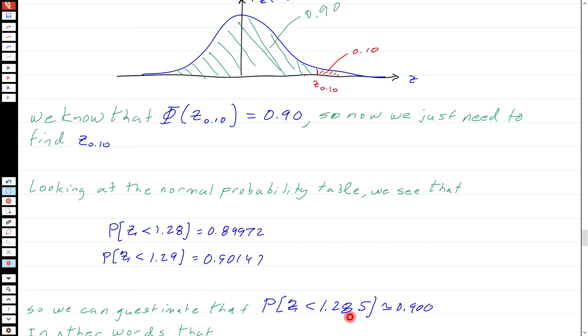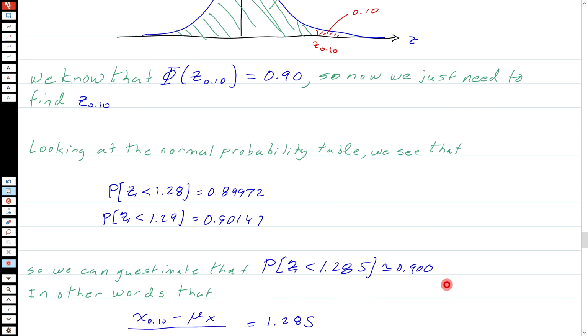By the way, don't bother with detailed linear interpolations. Again, we usually don't know our parameters closely enough to warrant that, so I usually just guesstimate the numbers in between. So I'm guesstimating that Z less than 1.285, less than or equal to, doesn't matter, 1.285 is the value I'm looking for.